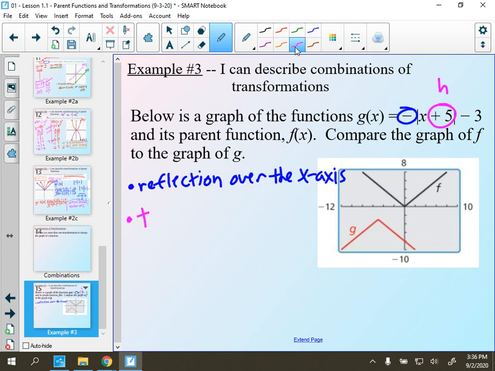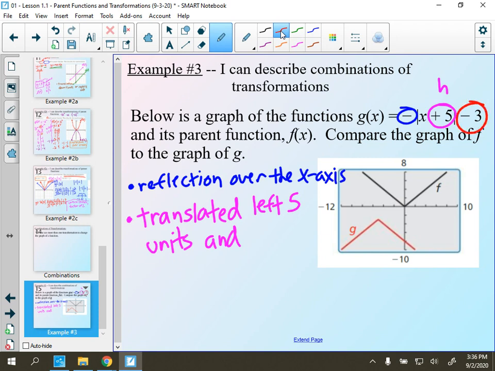So, translated, and we can tie these both together, because there are two different translations happening: left 5 units. And what's our last one? This k, which we said is always true, negative 3, looks like down, so down 3 units.